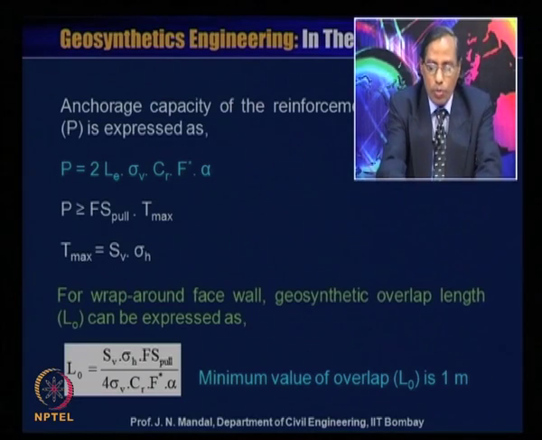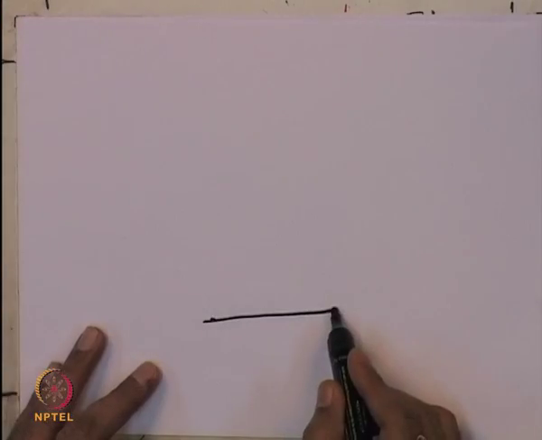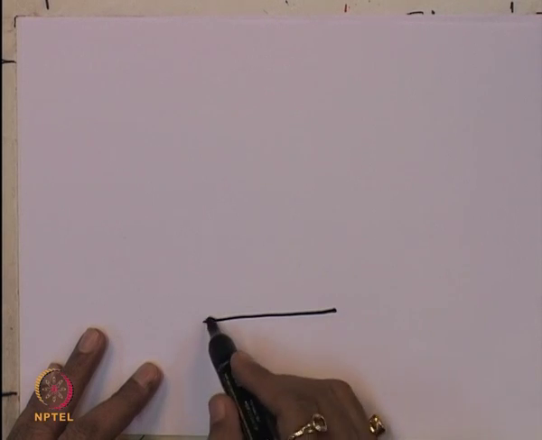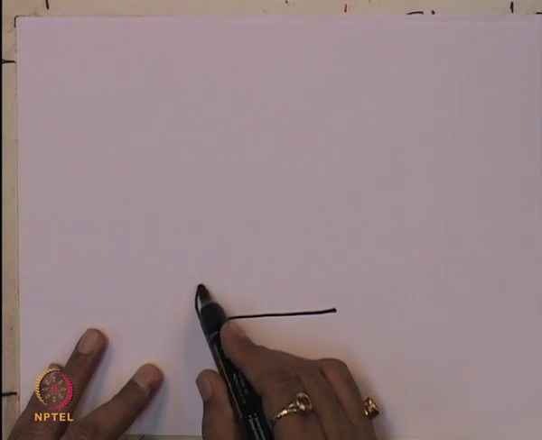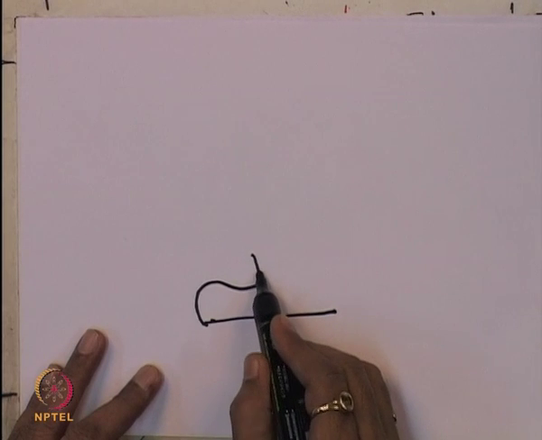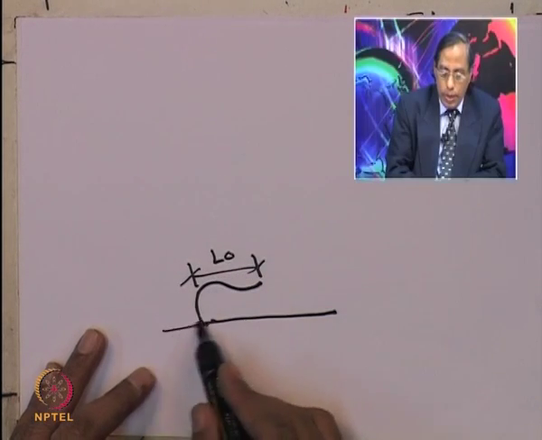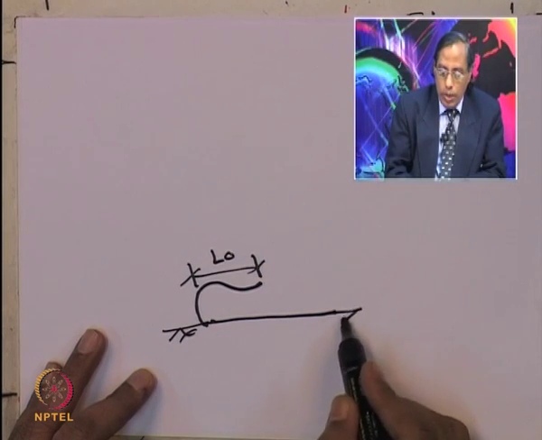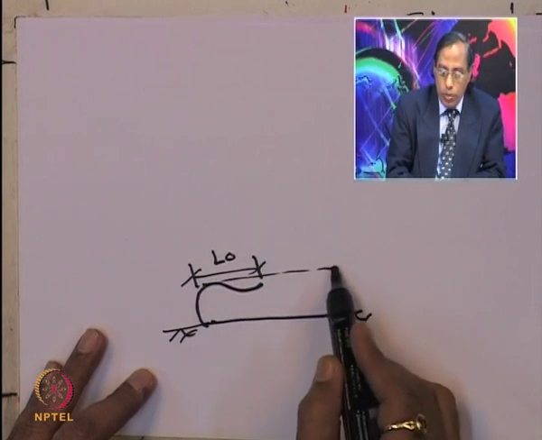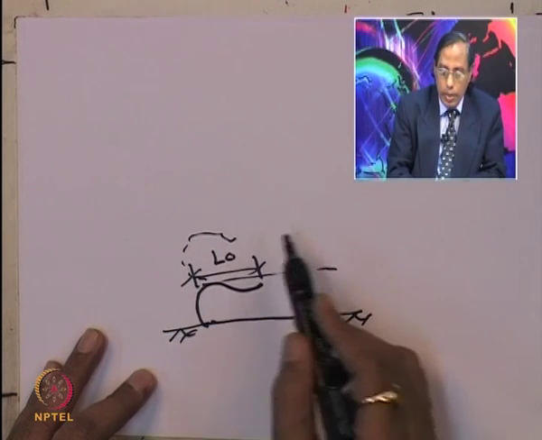I am showing what we mean by the overlap of this geosynthetics material. When we use woven or non-woven geotextile material, we have to overlap it like this; this distance we call the overlap, that is L0. You can construct this wall like this.